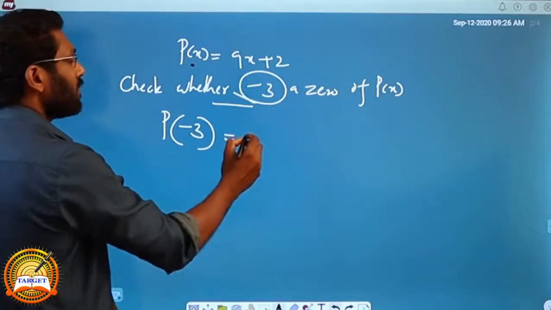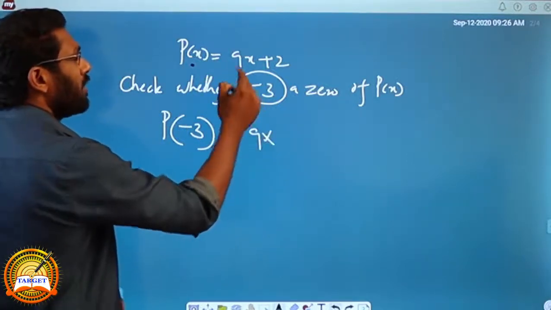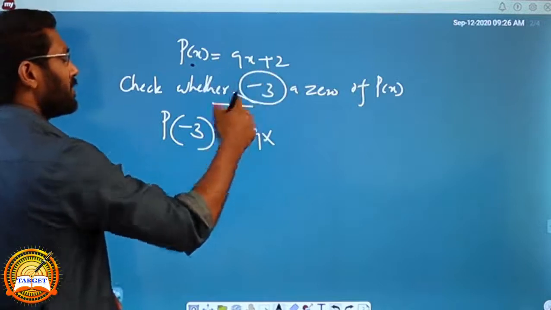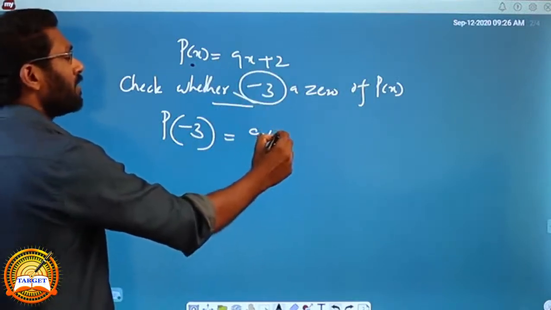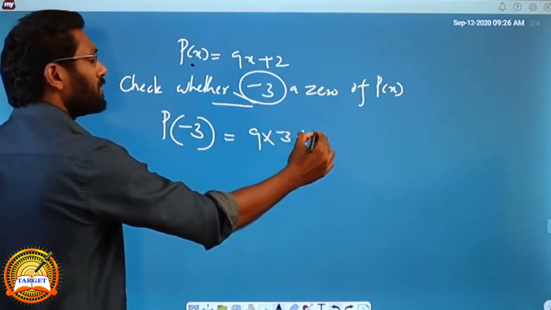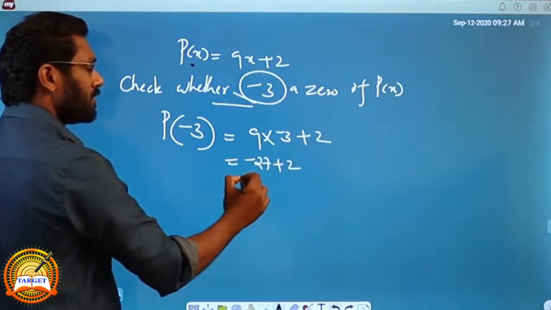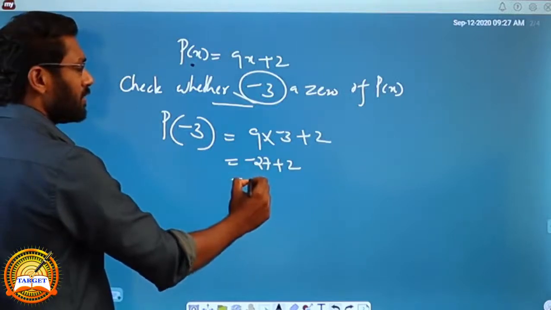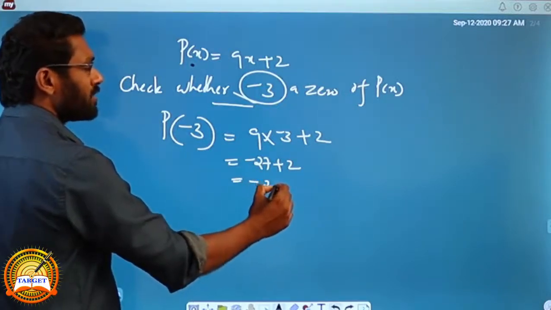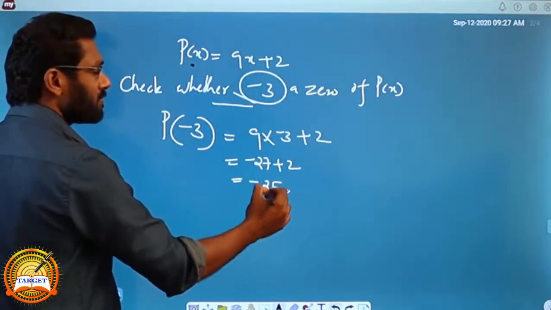Listen here. p of x is 9x plus 2. So p of minus 3 will be 9 into minus 3 plus 2, which is equal to minus 27 plus 2. What is minus 27 plus 2? It will be minus 25.